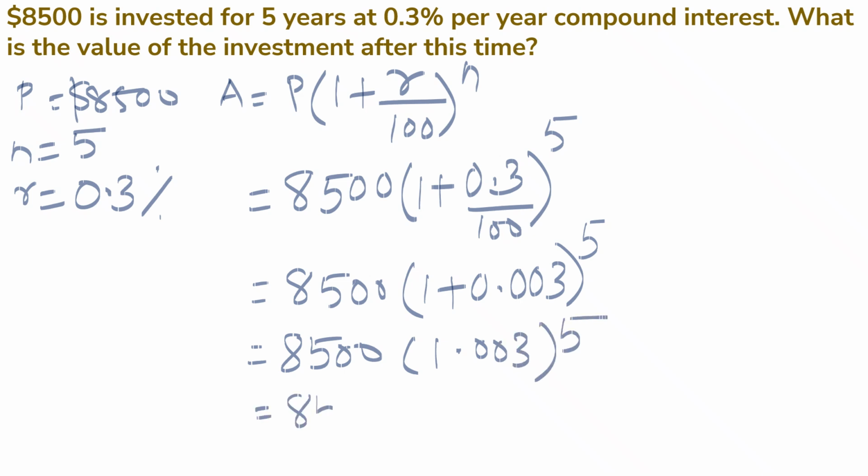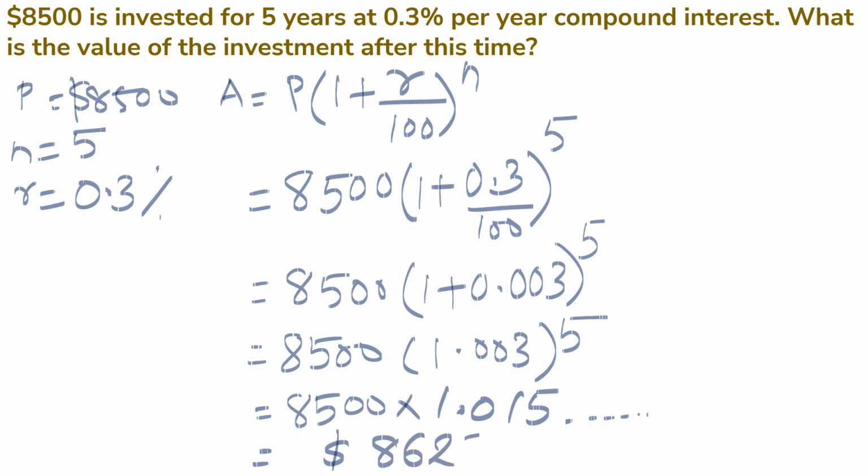Now if I do the calculation, for this I'm getting an answer of 1.015 and so on, and I am multiplying 1.015 with 8500. The answer I get is $8627.5. I am writing only up to 1 decimal place, so this will be my final answer.